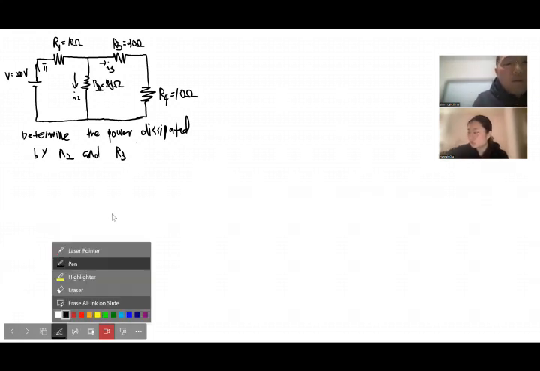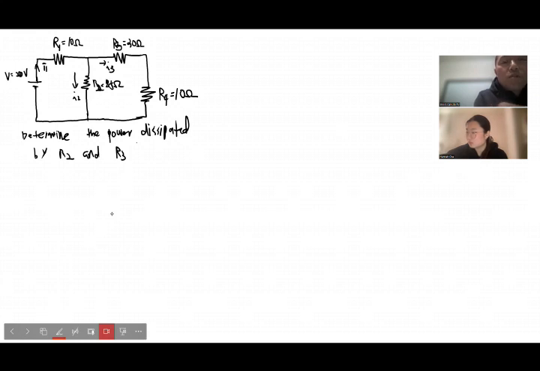Let me change the color. As you can see, if you look at this fraction of the DC circuit, R3 and R4 are connected in series. But those two resistors are connected to R2 in parallel, and those three resistors are connected with the first resistor R1 in series.